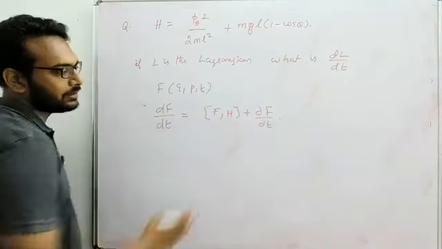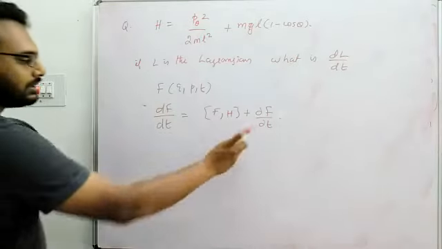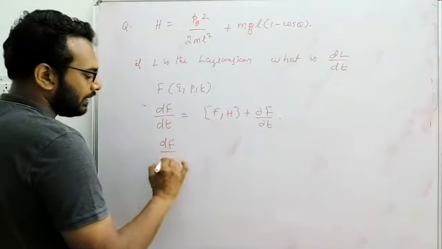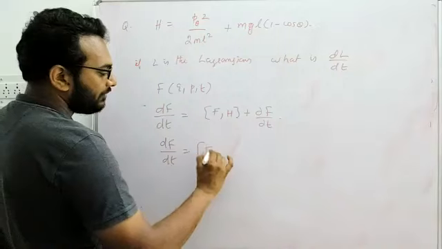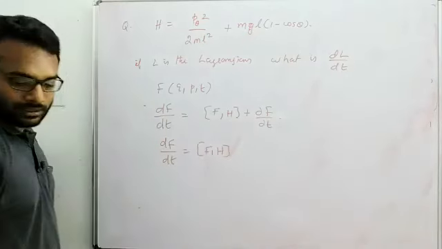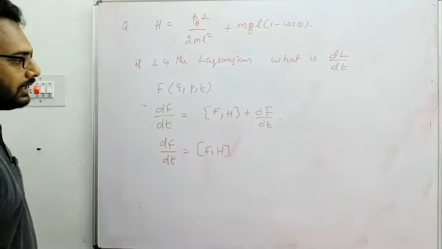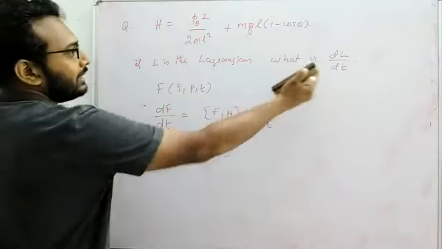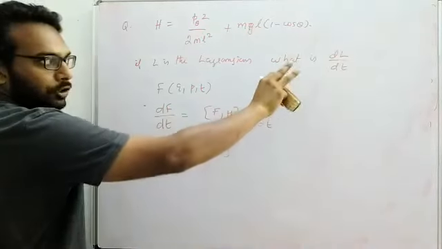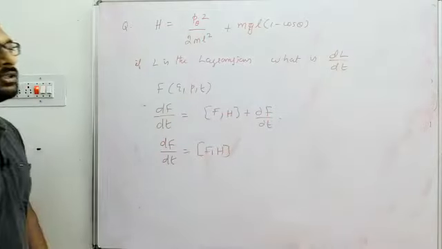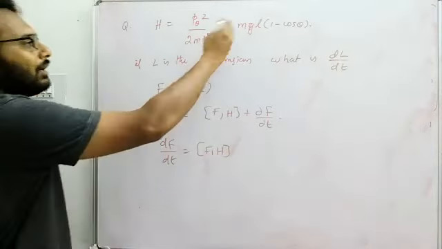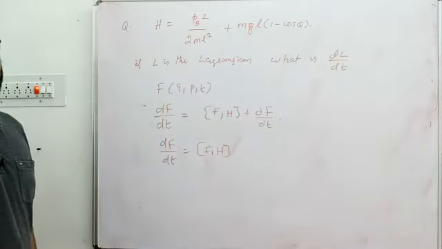If f has no explicit dependence on time, then this term is 0, so you can write df by dt is simply equal to {f, H}. In this case, you need to find dL by dt. We know that L has no explicit dependence on time. How do we know that? Because the Hamiltonian has no explicit dependence on time.